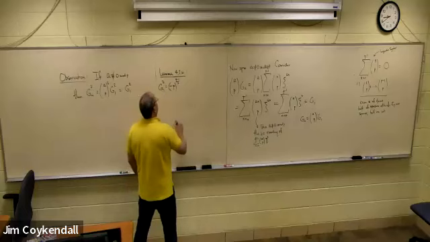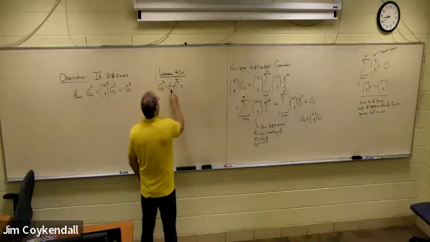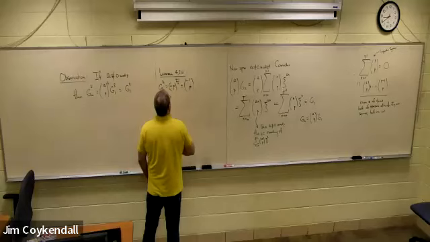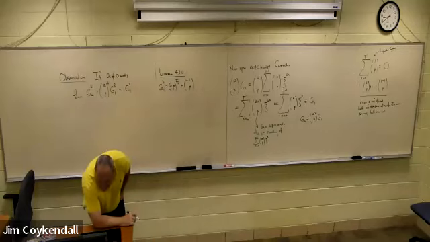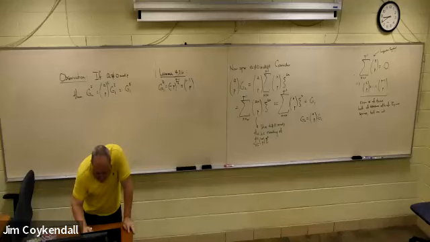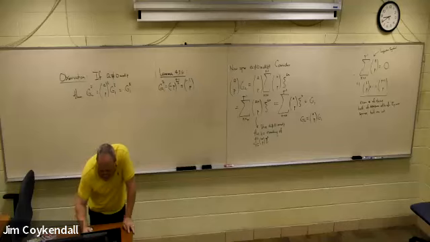Let me make sure this works out. So this should be minus one to the (p minus one) over two, times p. Okay, I've got it fixed.